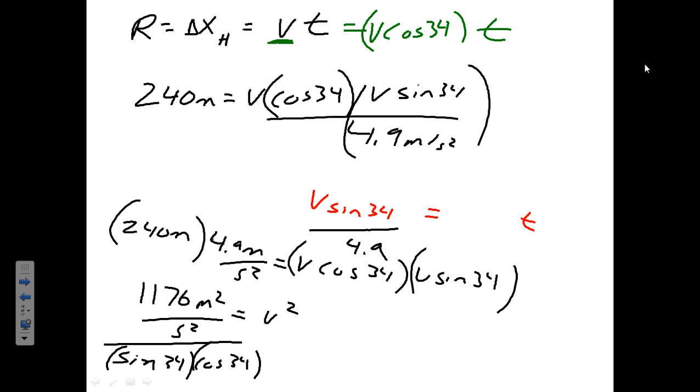So now this is a doable problem. We just need to go 1176 divided by the sine of 34, and then divide it again by the cosine of 34. And then we need to take the square root, because that's v squared. So take the square root, and we get around 50.4.